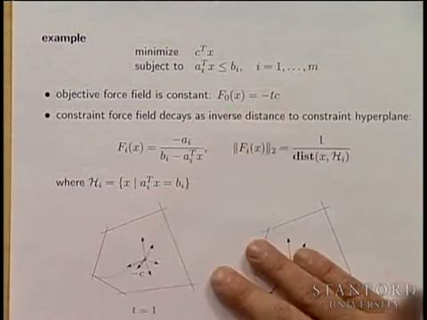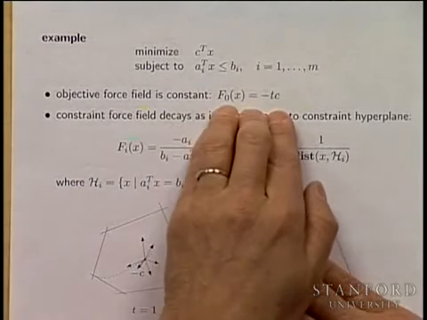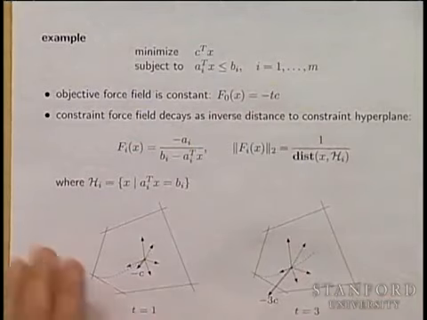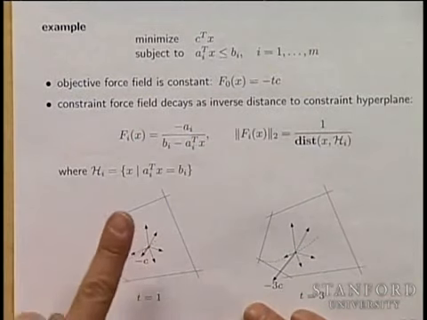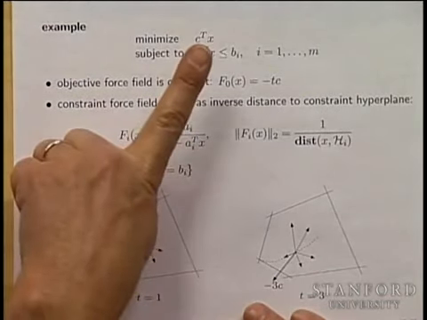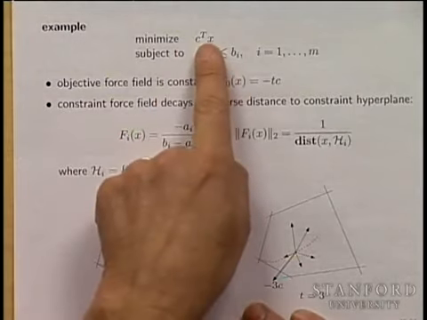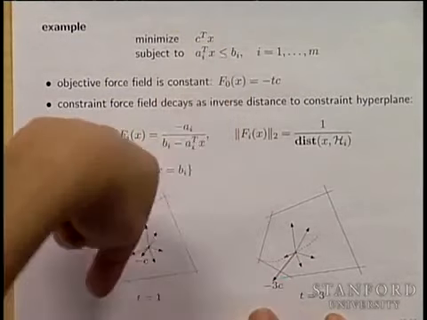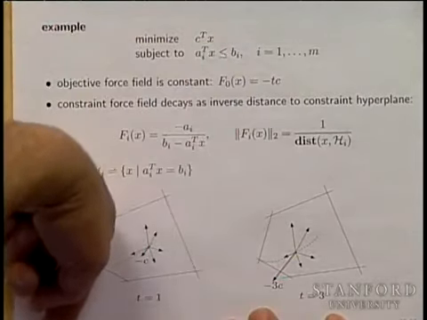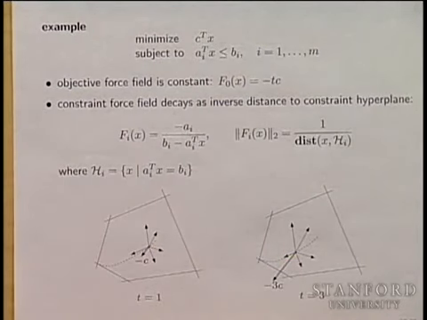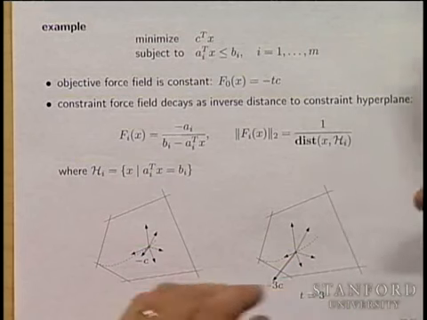So it's simply a constant force field in the direction minus c. That's what this force field is. That's the objective. So here's our point. Where's c? C is apparently this direction. So the force contributed by the objective is simply a constant force in this direction. It's pushing you towards values of low c transpose x, which is obviously what you want to do.